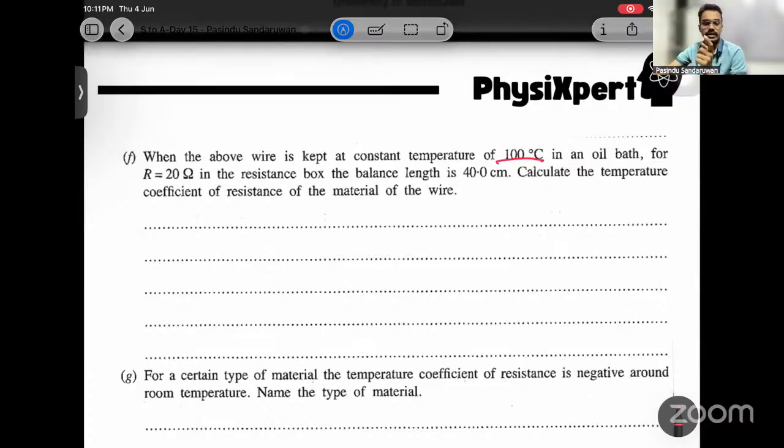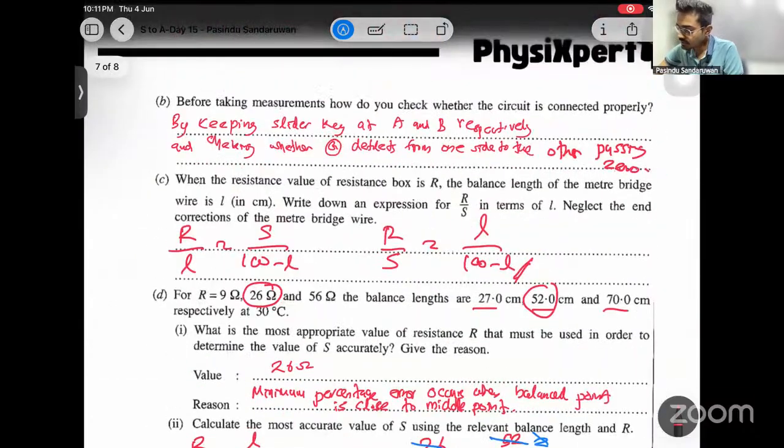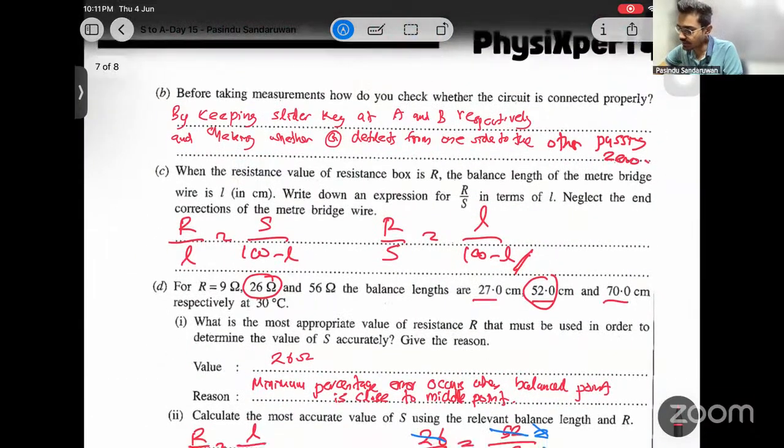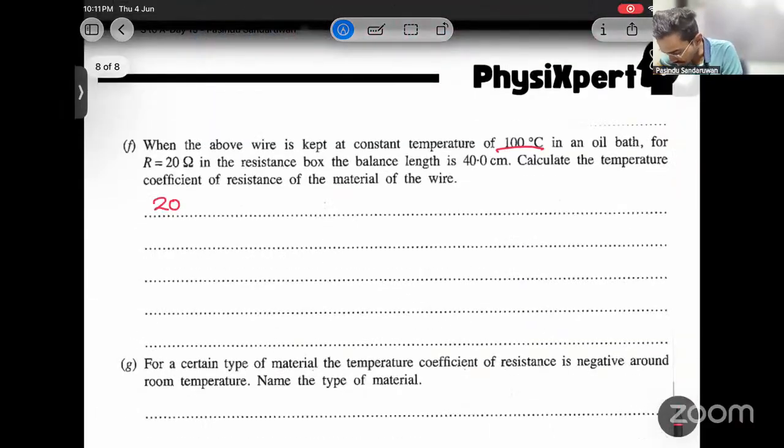Now, first thing, the resistance of the wire is not given. We have to find it. Again, we can use the equation we have proved: R over S equals L over 100 minus L. Now R is 20, and I need to find S. L is 40, so 40 over 100 minus 40, which is 60.